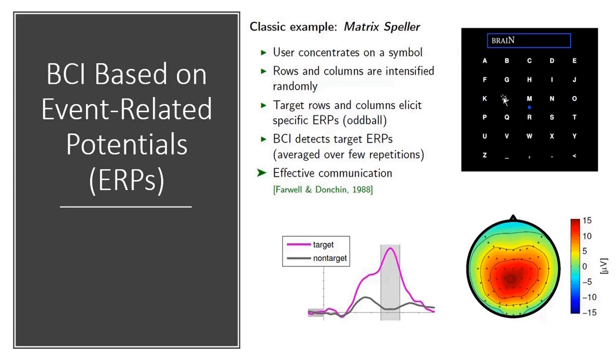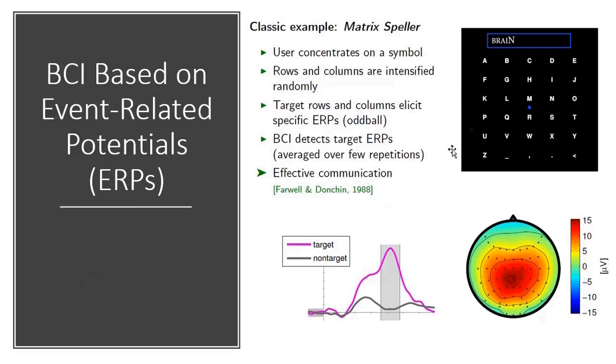For instance, you want to type N, right? You look at it, you pay attention to it, and then you can generate a brain response locked to that event where this column and row is intensified. So that means, again, the target columns and rows elicit detectable event-related potentials.